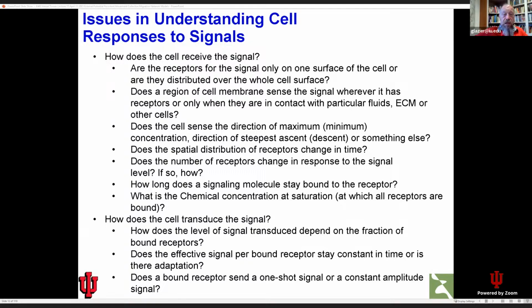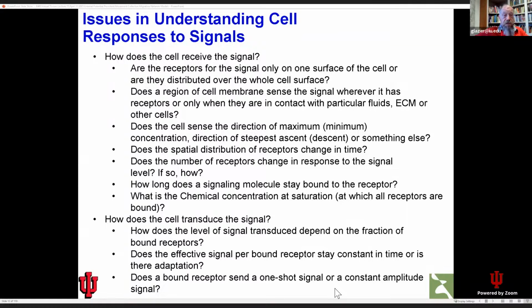On the side of the receiving cell, we have to ask the question, how does the cell know what the environment is? Are the receptors for the signal all over the surface of the cell? Are they only on some surfaces? Are they only active if they're in contact with a particular thing?